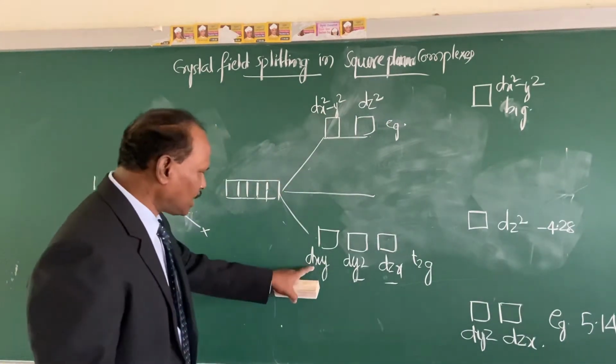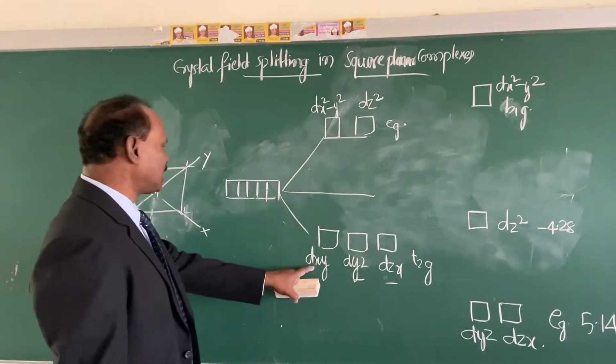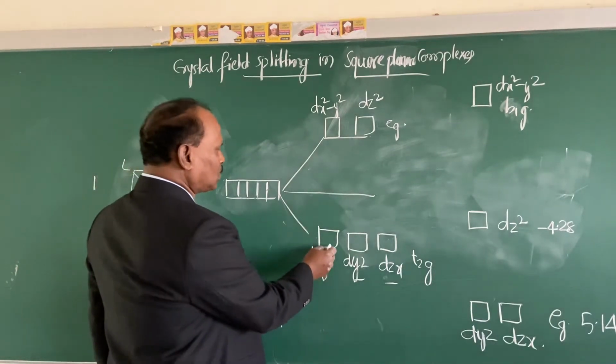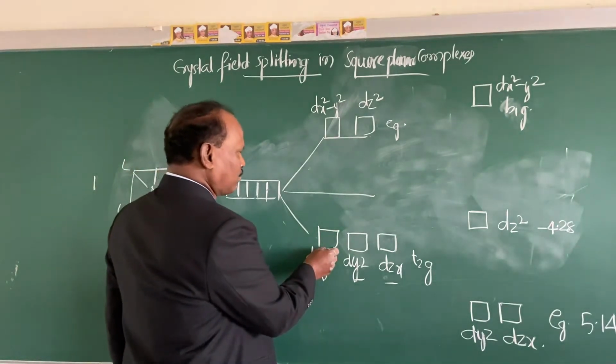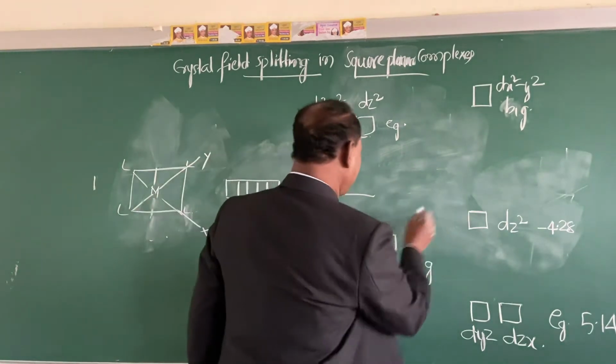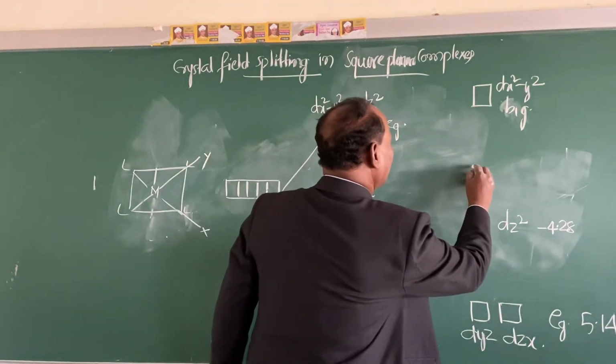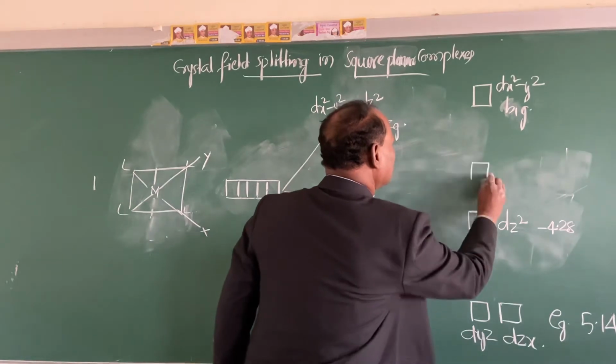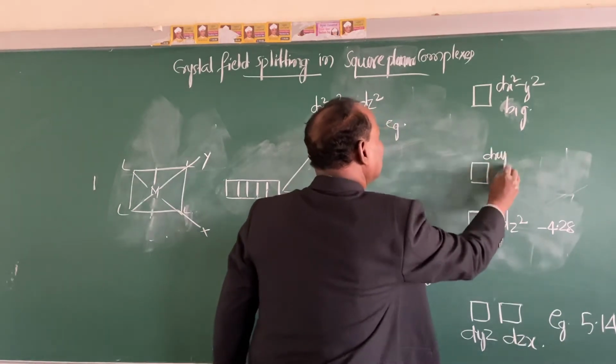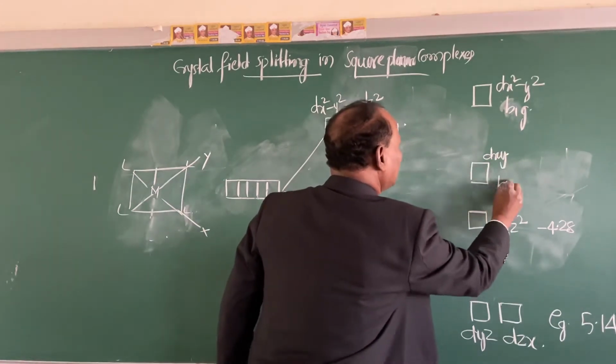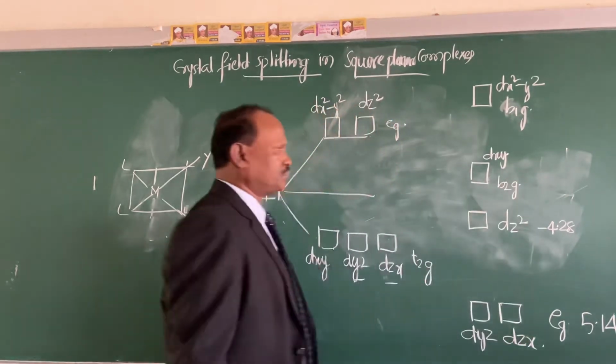Similarly, here there is one orbital which is there along x and y axis. So it also suffers maximum repulsion, and hence it is raised in energy. I will write this orbital here. This is the dxy orbital, and this is termed as B2g orbital.